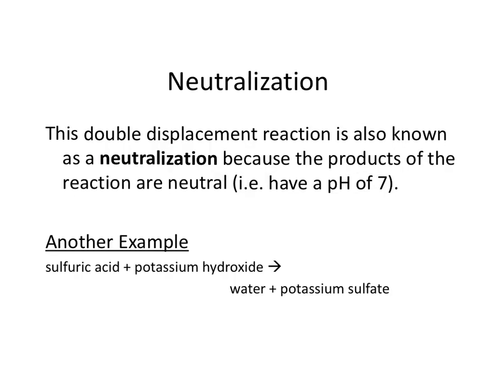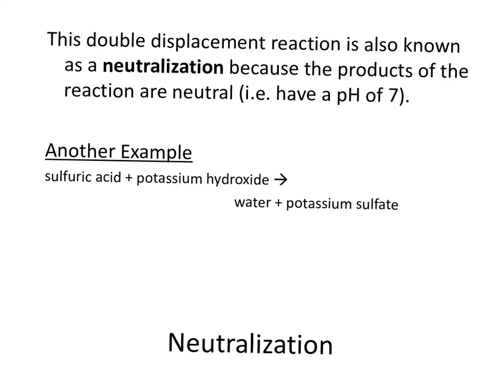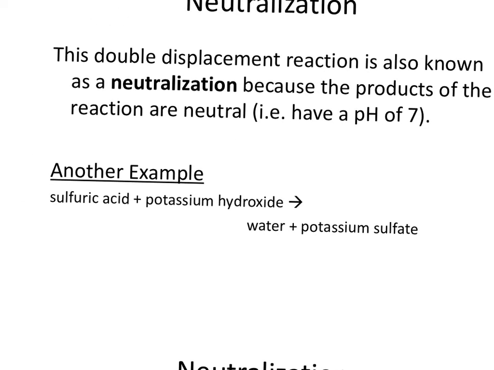Looking at our neutralization reaction, because there's an acid and a base, and it produces water and a salt, you should be able to predict the products, because remember, the products are always a water and a salt.